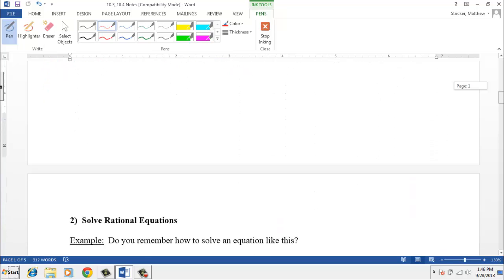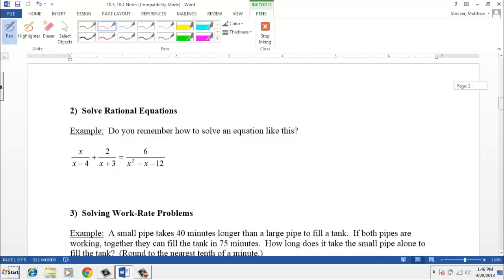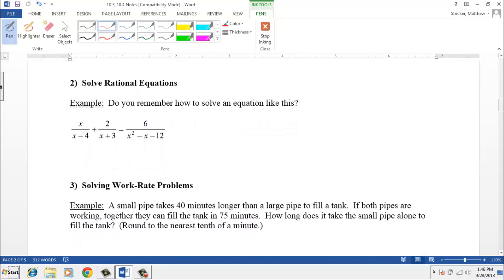The second topic is doing the work-related problems, shared work. And to be able to solve these, we're going to need to remember how to solve an equation, an irrational equation. You remember how to do that? You have to multiply by the least common denominator, which we should probably factor the bottom here.